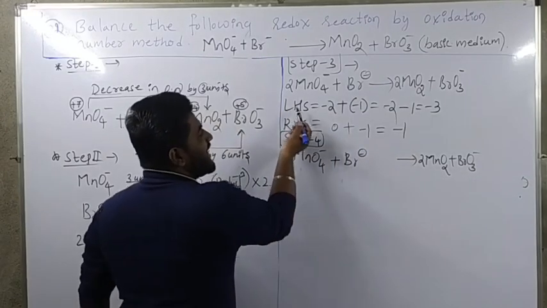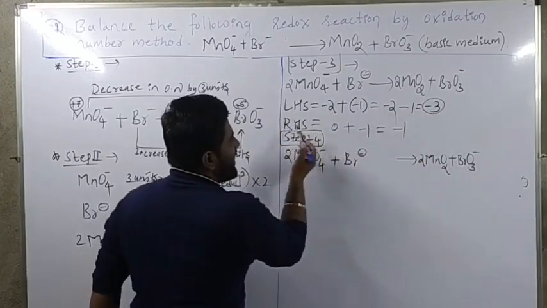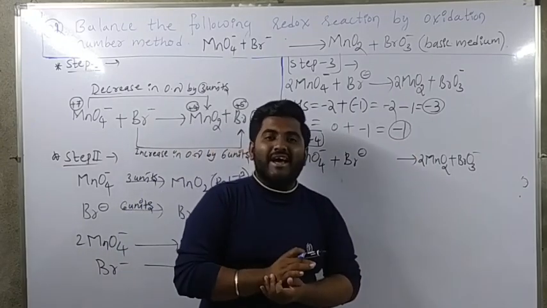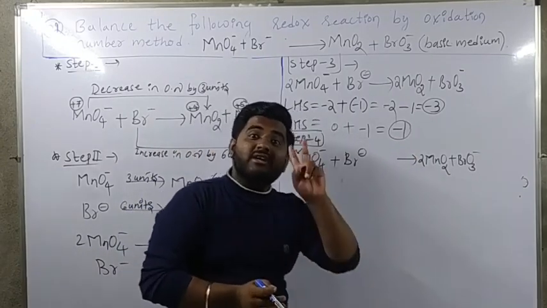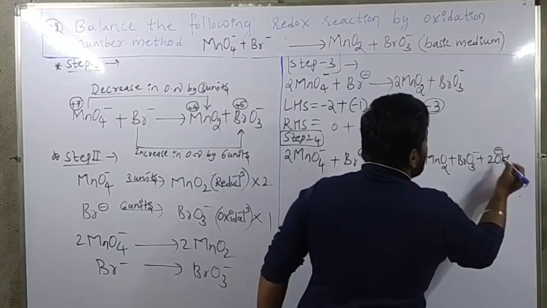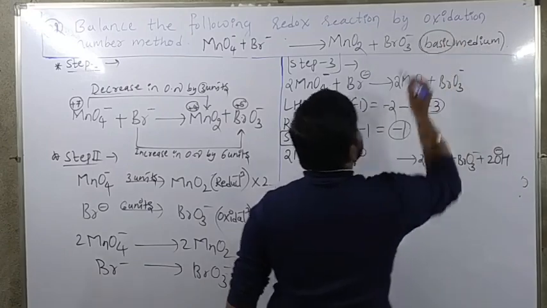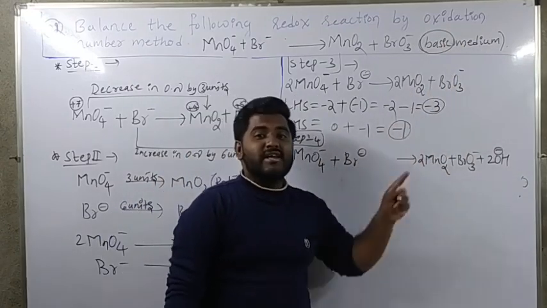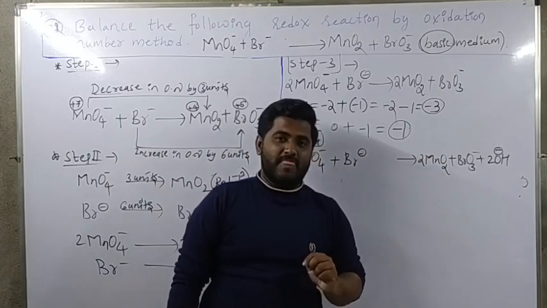Now what I told: LHS side minus 3 charge, RHS side minus 1 charge. To make the charge equal on both sides, on the RHS side what do you have to add? 2 OH minus should be added. And why are we adding 2 OH minus, guys? OH minus is added because they have given basic media in the question. And only 2 we are adding because on the RHS side 2 minus charge is less.